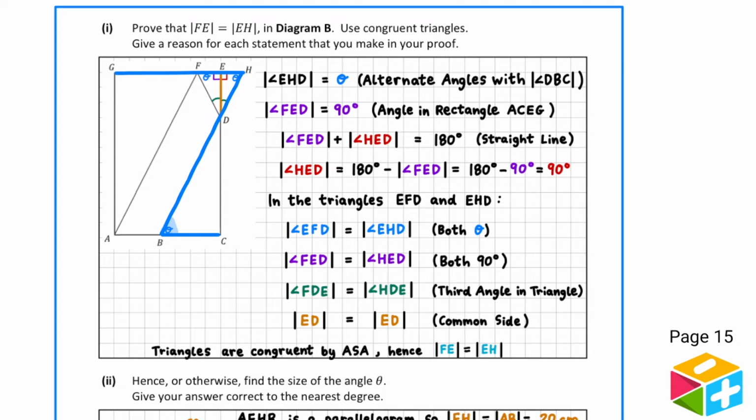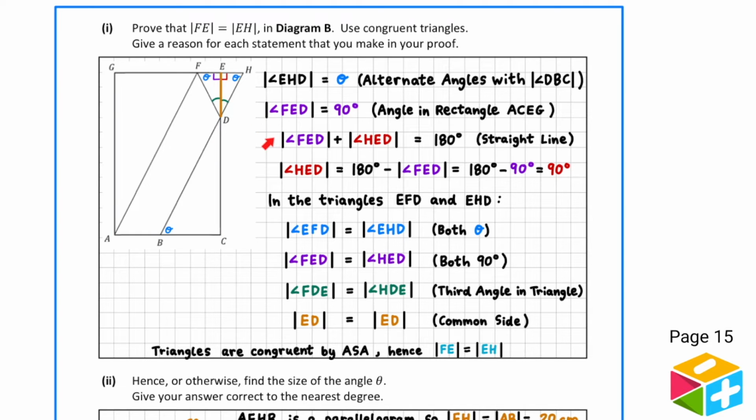Since the lines GH and AC are parallel, we can use alternate angles to deduce that EHD is equal to theta. We're told that ACEG is a rectangle. This means that the angles in each of the corners must be 90 degrees. In particular, the angle FED will be 90.